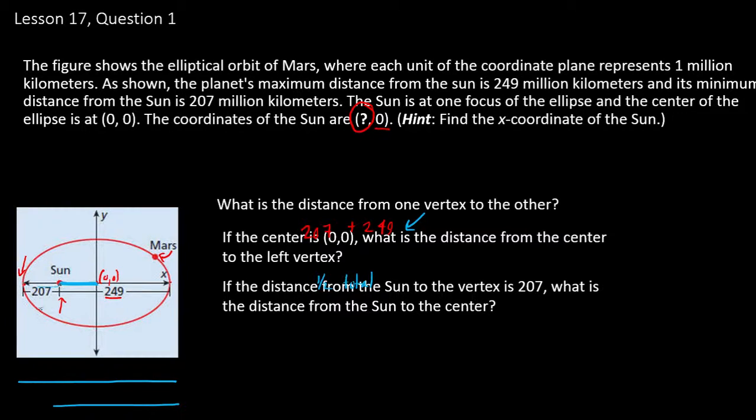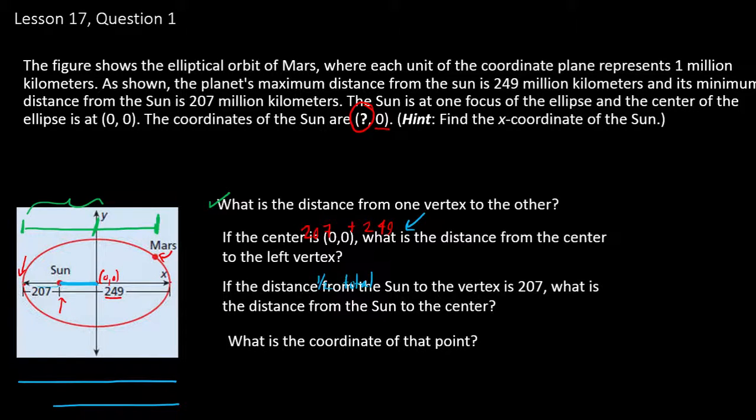So again, we know the total length, which you calculated here. If I take half of that length, I know the distance from the center to the left vertex. I know that a piece of that is 207, so I need to know the rest of it to know the distance from the Sun to the origin.